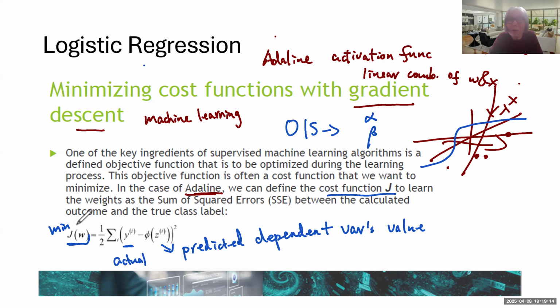Here, phi is basically the sum of Wixi. So this function is in terms of the weights W. If you try to minimize it, you need to take a derivative with respect to each weight, the partial derivative. That's the idea.